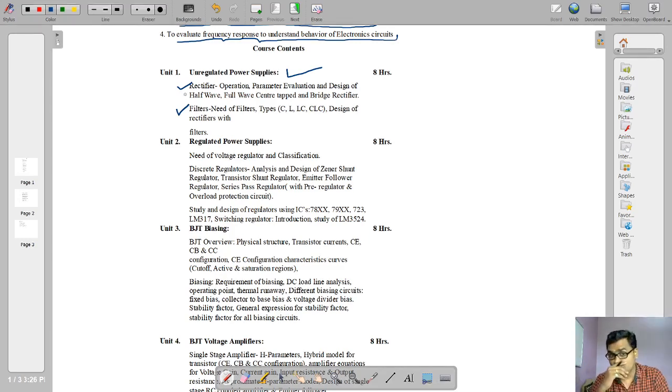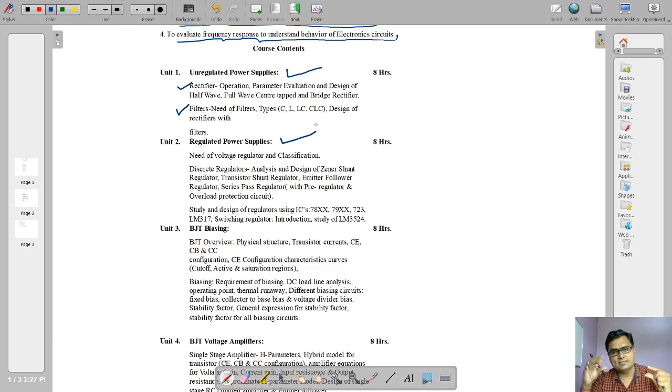Now what to do with this pulsating DC, or how to convert this pulsating DC into pure DC, is your next chapter, that is regulated power supply. Here you will understand the concept of regulation. Pulsating DC is a fluctuating DC. It is not constant with respect to a few parameters.